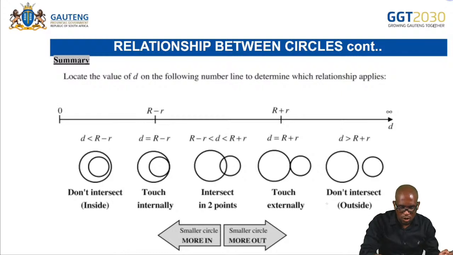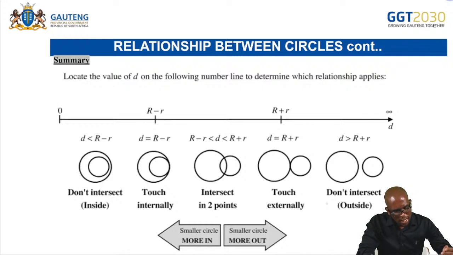If d is equal to r plus r, they touch externally. If d is between r minus r and r plus r, that compound inequality, then the circles intersect at 2 points. If d is equal to r minus r, they touch internally. If d is less than r minus r, the smaller circle is inside the bigger circle, but they do not have the common center.